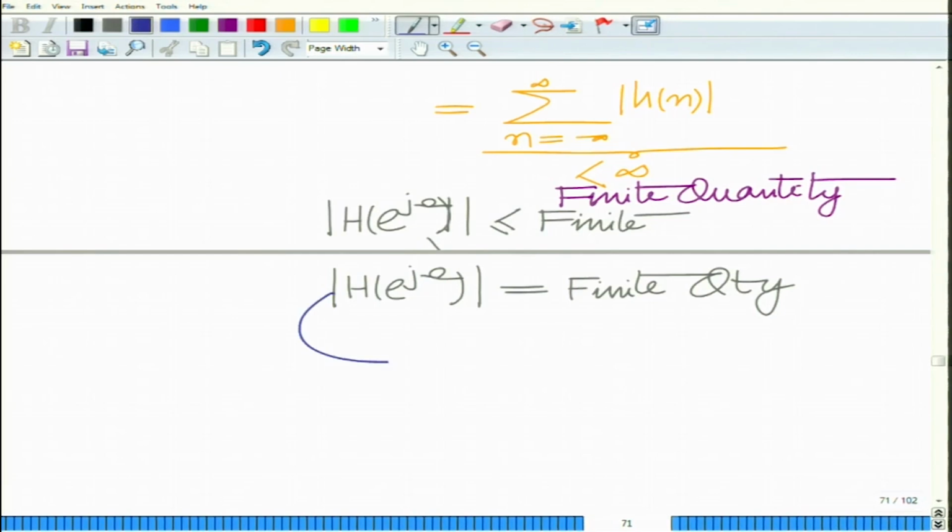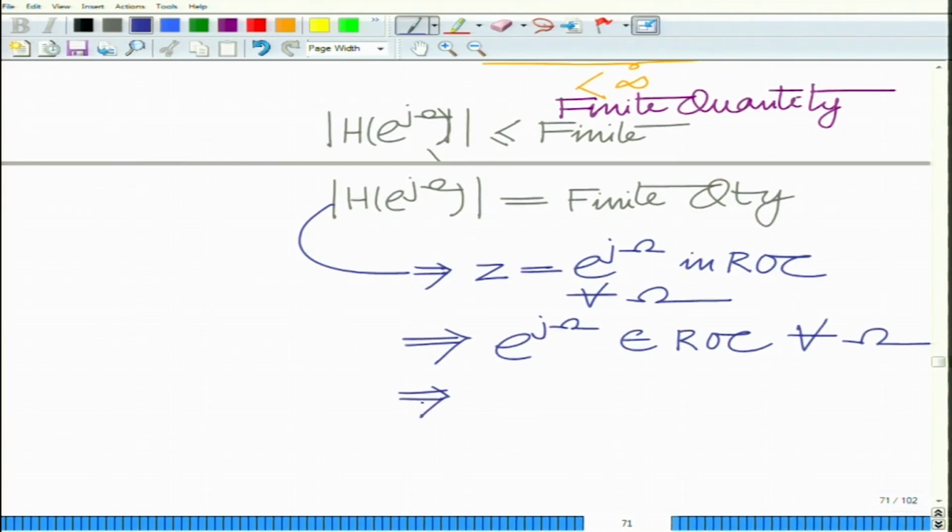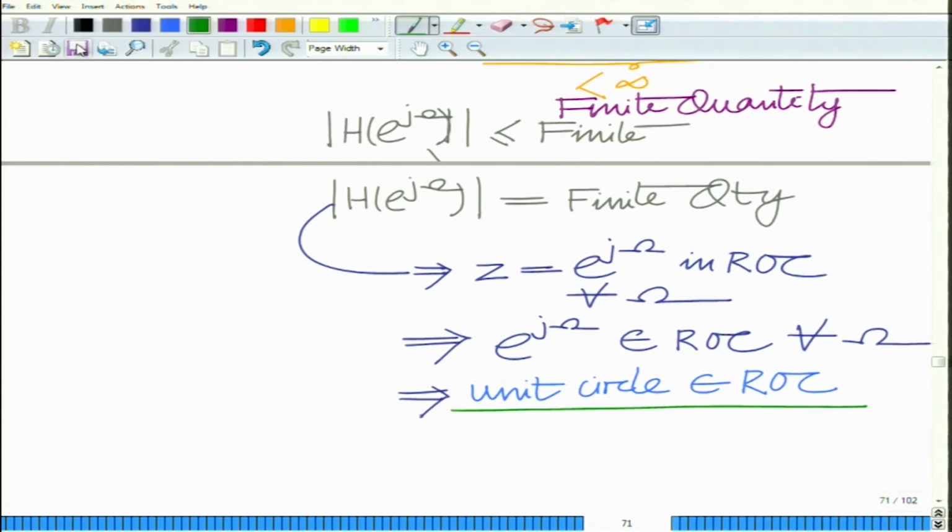So this implies that for all ω, e^{jω} belongs to the ROC, in set notation, for every value of ω, which implies that the unit circle belongs to the ROC for a BIBO stable system.